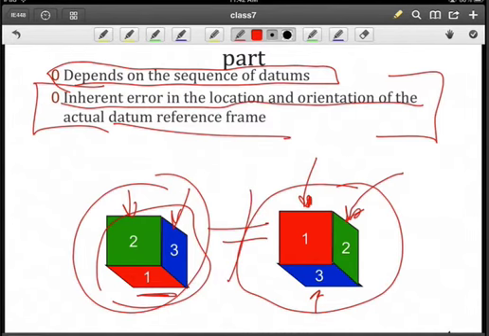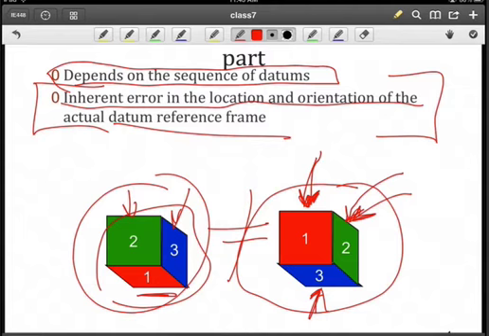Why aren't they equal? Well, because what we're going to see is the sequence determines the orientation of the planes. So the first plane in the sequence is unconstrained. And we place that up against the surface, and then we construct plane 2 such that it's perpendicular to plane 1. So plane 1 is a constraint on plane 2, and of course plane 3 has to be constructed perpendicular to 1 and 2, so again that is a constraint.